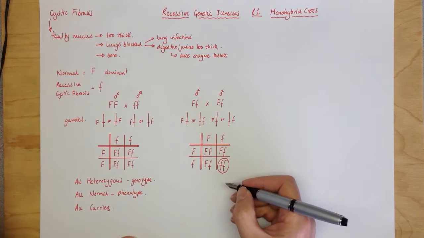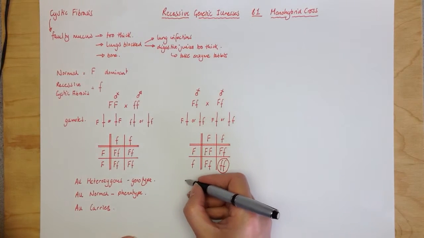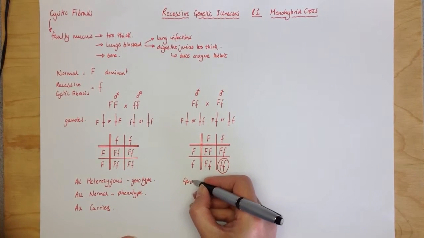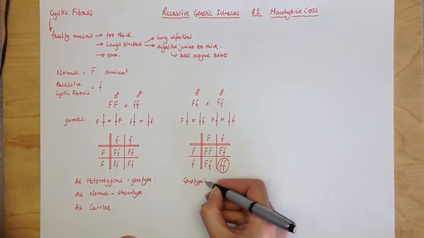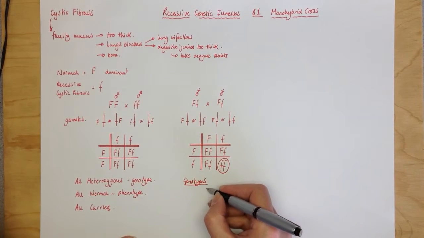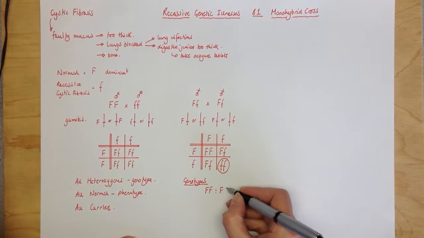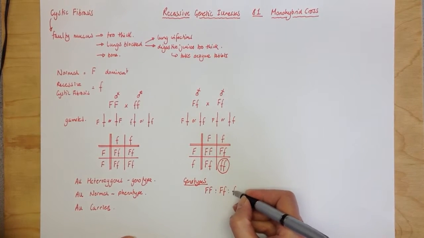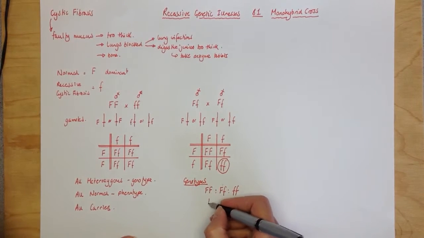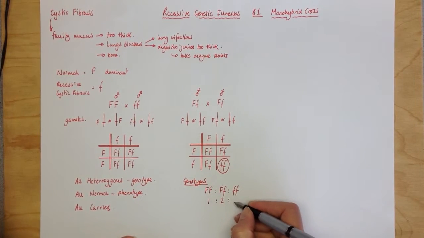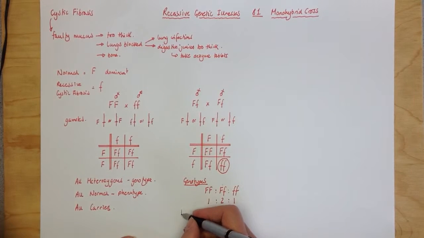But if this sperm met with this egg during fertilisation, you'd end up here with a sufferer. Now the ratios are different. If we do the genotypes, you have three different genotypes. You've got homozygous dominant, heterozygous and homozygous recessive, which is 1 to 2 to 1.